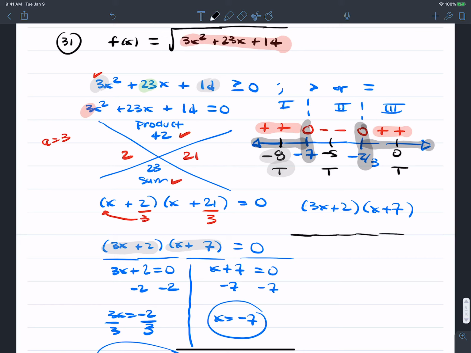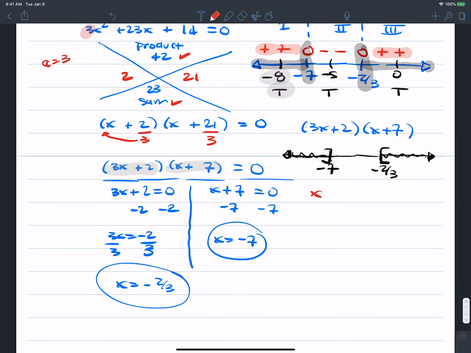Let's draw a nice real number line here. So we know numbers to the left of negative 7. Numbers to the right of negative 2/3. We include negative 7. We include negative 2/3. This goes on forever. That's the graph of the domain.